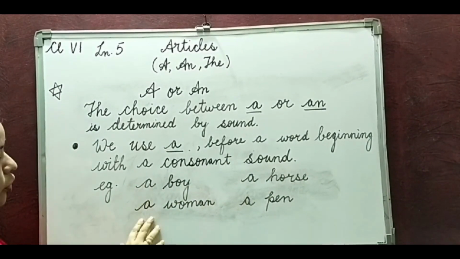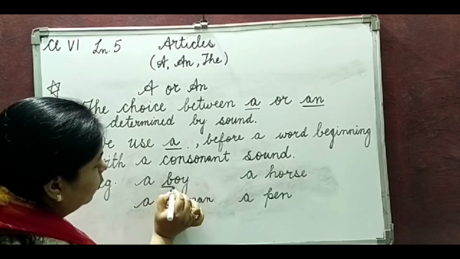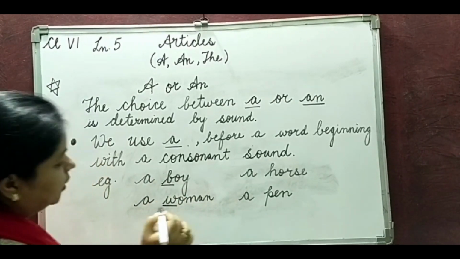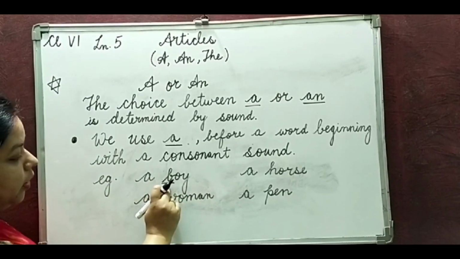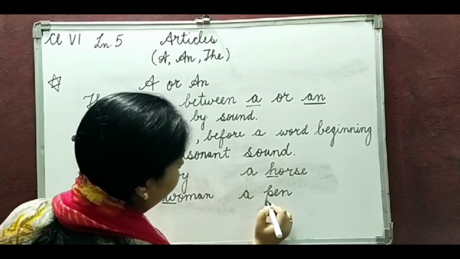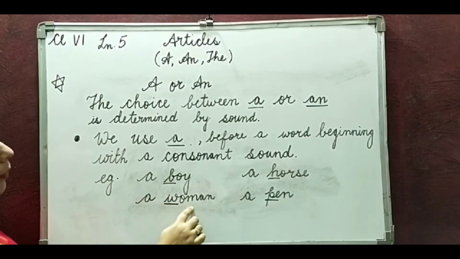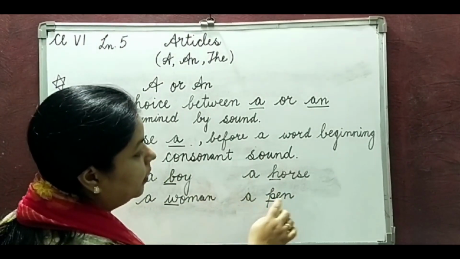Now the examples which are given here tell us that all these words are starting with consonant letters: boy, woman, horse, pen. A boy, a woman, a horse, a pen.